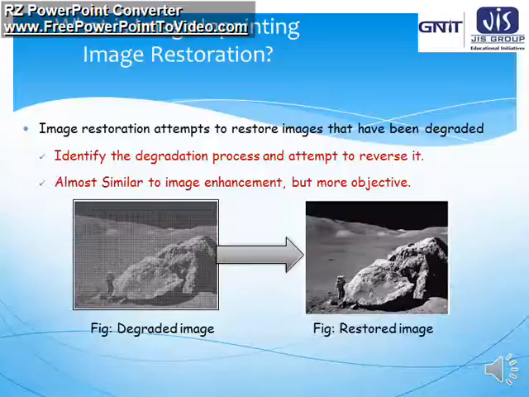It is almost similar to the image enhancement technique, but it is not the same as the image enhancement technique. It is more objective, not subjective. Here we are having two images. The input image is the degraded image, and the output image is the restored image from the degraded image. Here we can see the second image or the output image is much clearer than the input one.